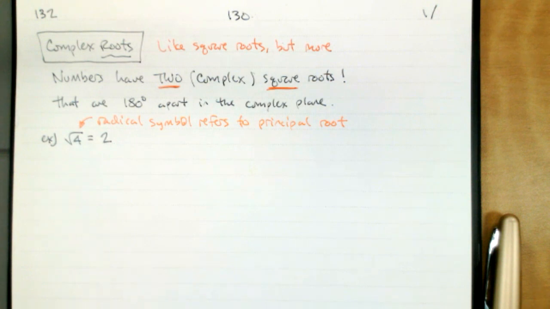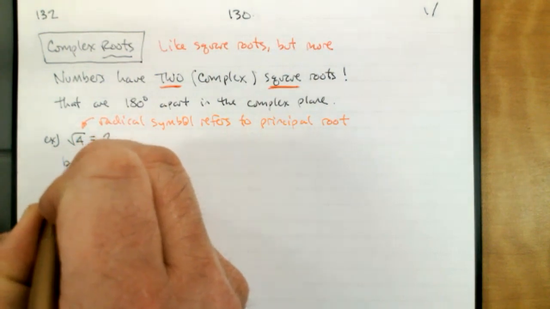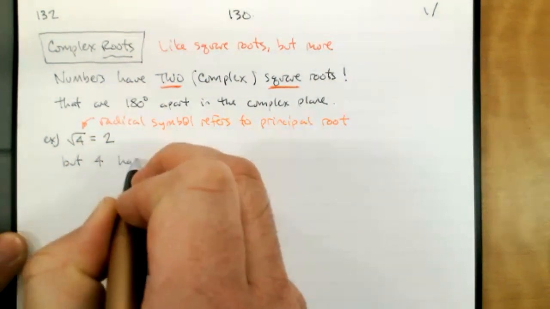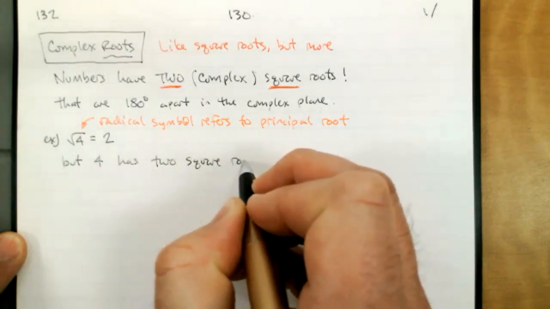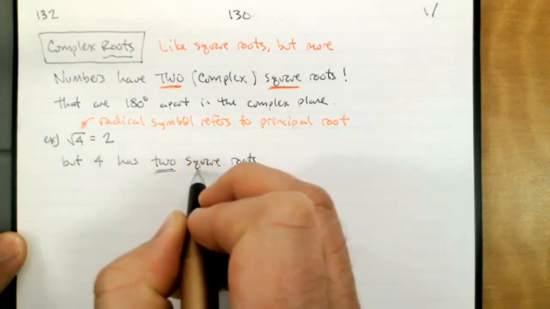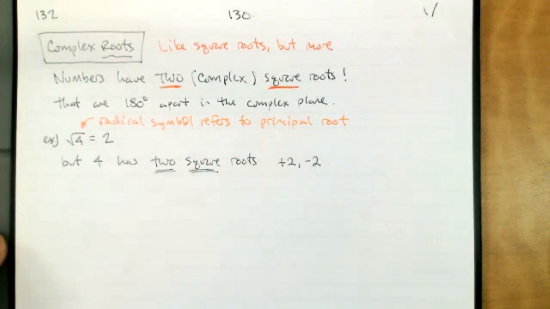But 4 has two square roots: positive 2 and negative 2. If we use the radical symbol, we're talking about the positive one.